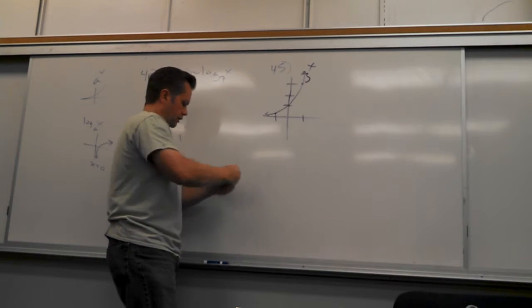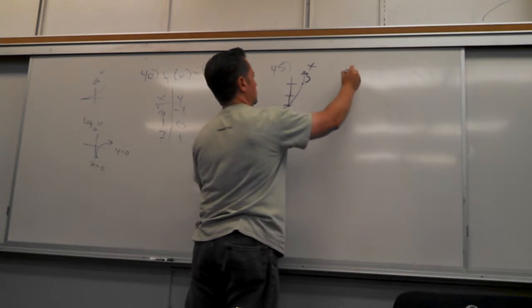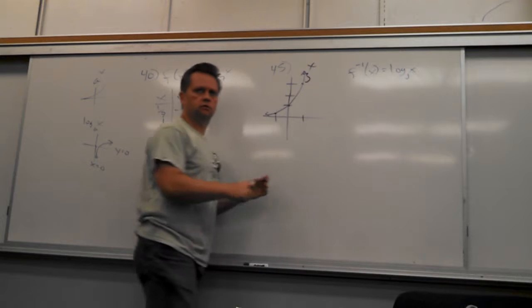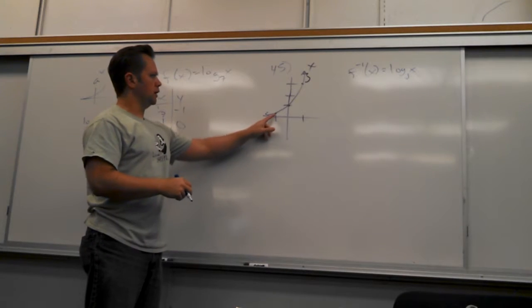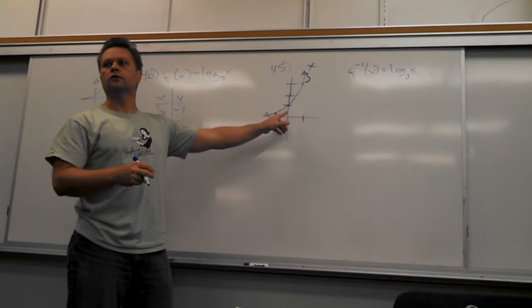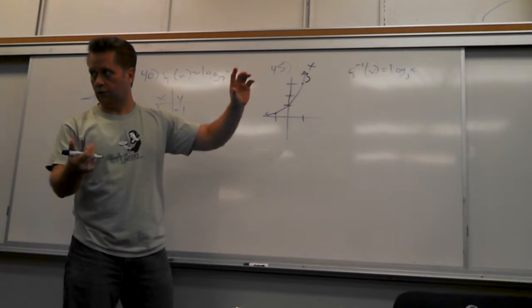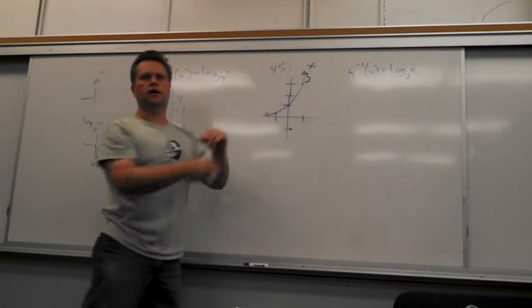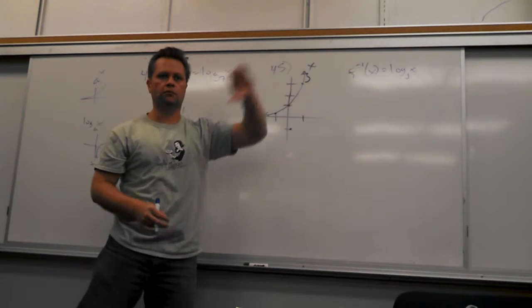And how do I plot the inverse? Do I have to make a table? No. That goes to the point negative 1, 1/3. So my inverse is going to go through the point 1/3, negative 1, and so forth. And then you'll get the shape.